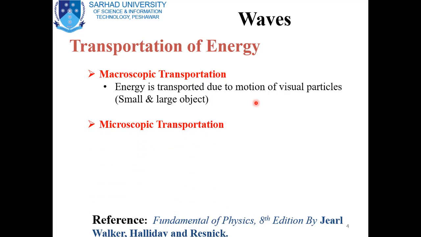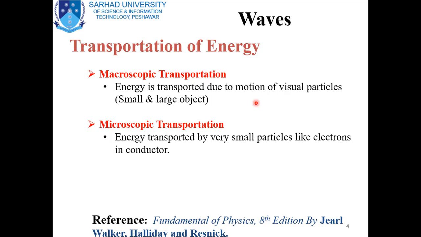The second transportation is the microscopic transportation of energy, in which energy is transported by very small particles like electrons in a conductor, and you cannot see the electrons in a conductor, and these energies are related with the kinetic energy because we transport energy.